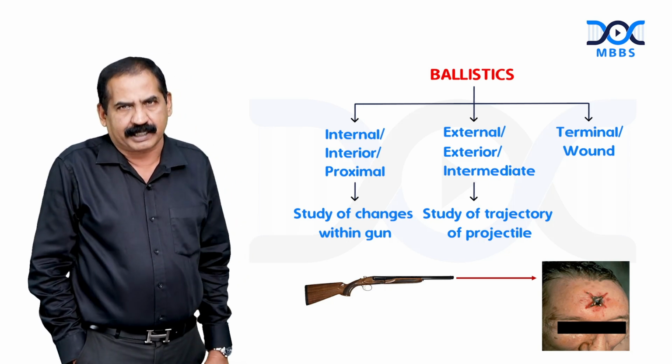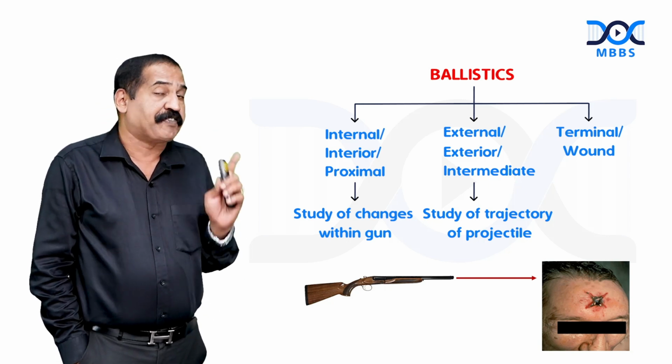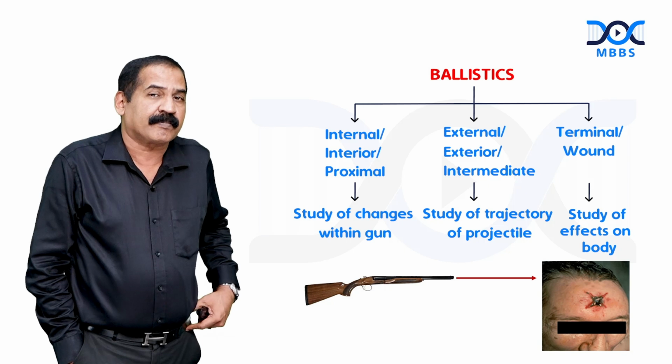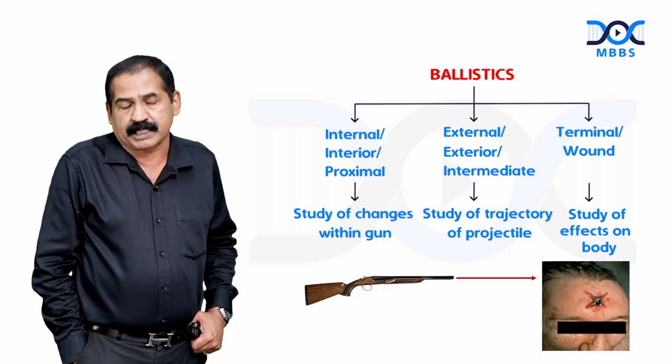Trajectory means how it moves. Once it hits the target, once it causes the wound, the study of the effects of the projectile on the body is known as terminal ballistics or wound ballistics.